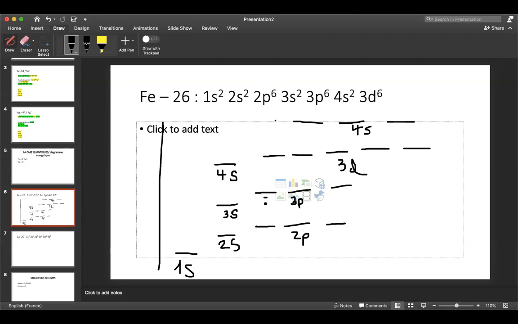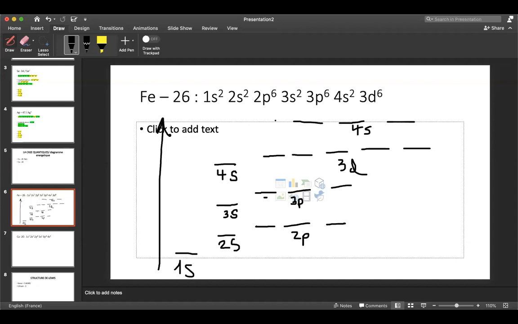Then we are also using Klechkowski's principle, the construction principle, which states that we are going to occupy an energy level that is lower in energy before occupying the other.